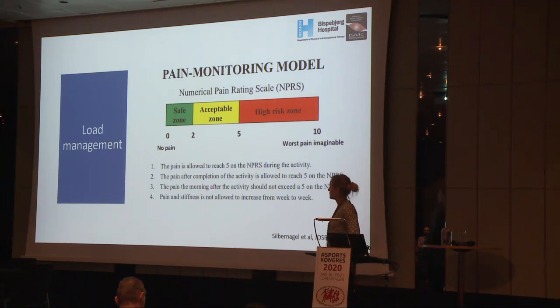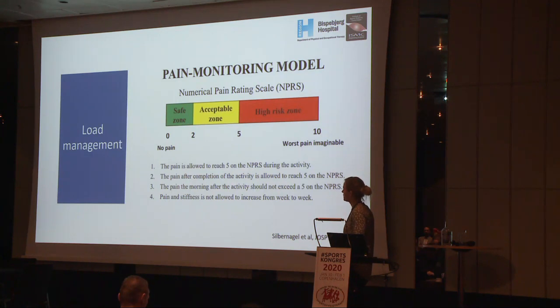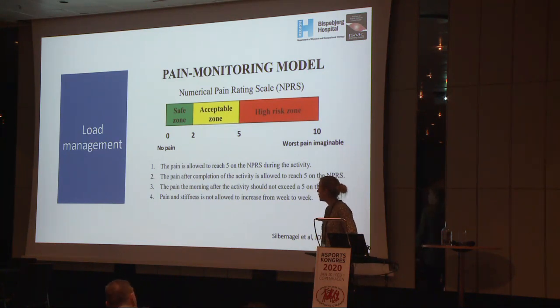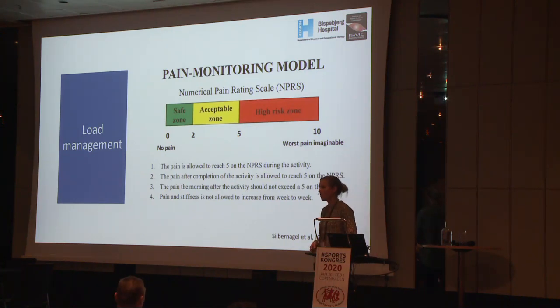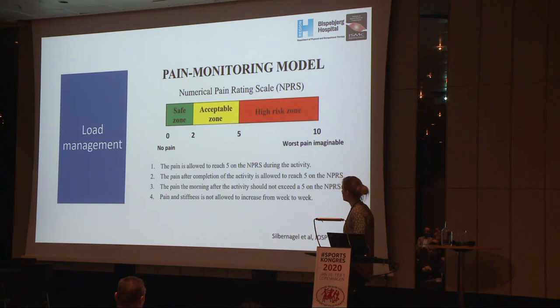So we regarded the green zone, between 0 and 2, to be the safe zone, the yellow between 2 and 5 to be the acceptable pain zone, and the red zone between 5 and 10 is the high-risk zone. So we told all of them that they were allowed to continue the exercises, but we recommended them to stop activities that would lead to pain in the red zone.